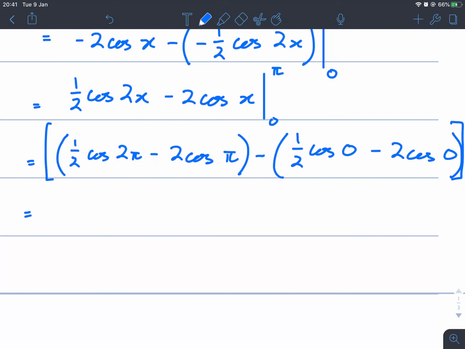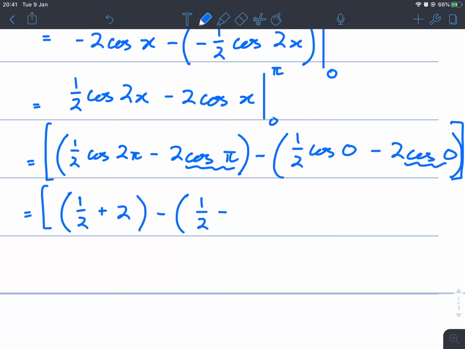Let's evaluate each one as we go. Cosine of 2 pi is 1, times half is just half. Cosine of pi is negative 1, and negative 1 times negative 2 is positive 2. So that's 2.5, that's 5 on 2. Now the other one. Cosine of 0 is 1, so 1 times half is half.